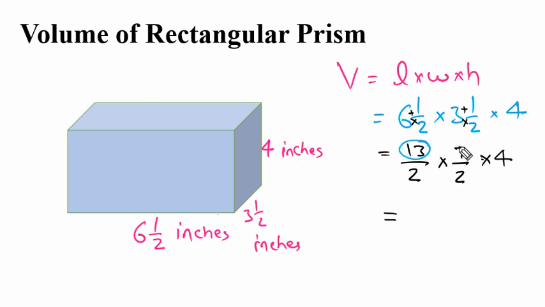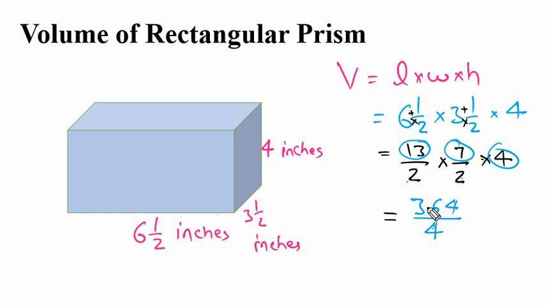You multiply these top numbers, this times this times this. Use the calculator if you don't know: 13 multiply 7 gives you 91, and 91 multiply 4 gives you 364. Try to do it slowly. Then the denominators: 2 multiply 2, 4.